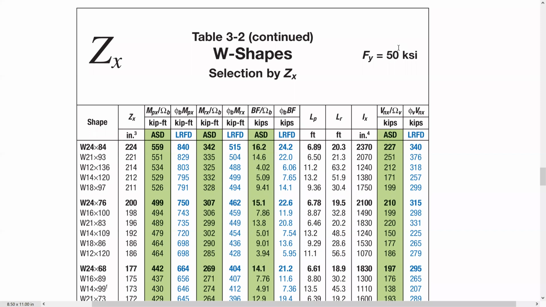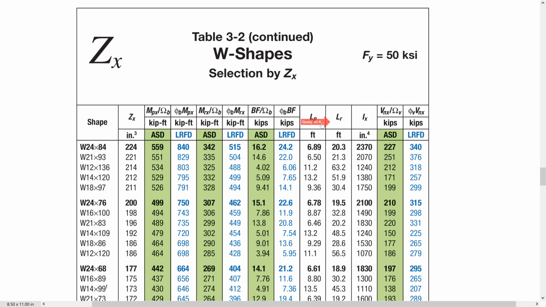If you remember, we used this table to find here Lp, Lr, and sometimes to find Zx. And this table, guys, is for wide flange shapes, and it will be selected based on Zx, as we are doing now. Of course, there are other tables for different cross-sectional shapes, maybe for C channel, for S shape, and there are many, but here we are just dealing with wide flange, and I will get you the other tables.